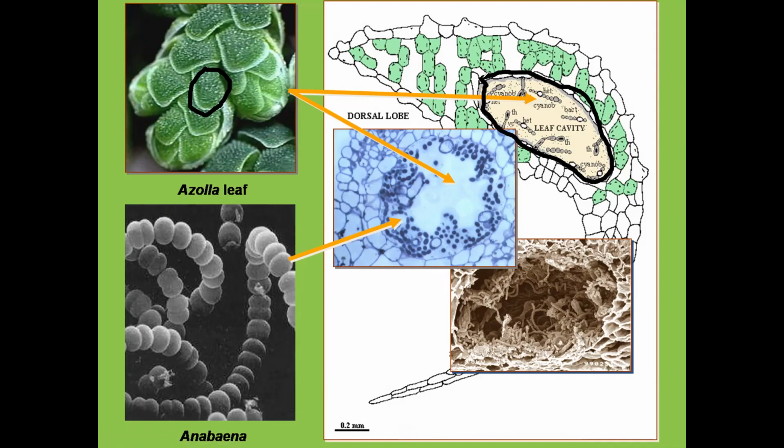The bacteria must be very important to this plant, or else why would the plant dedicate so much of its leaf space to a home for this bacteria to live in?